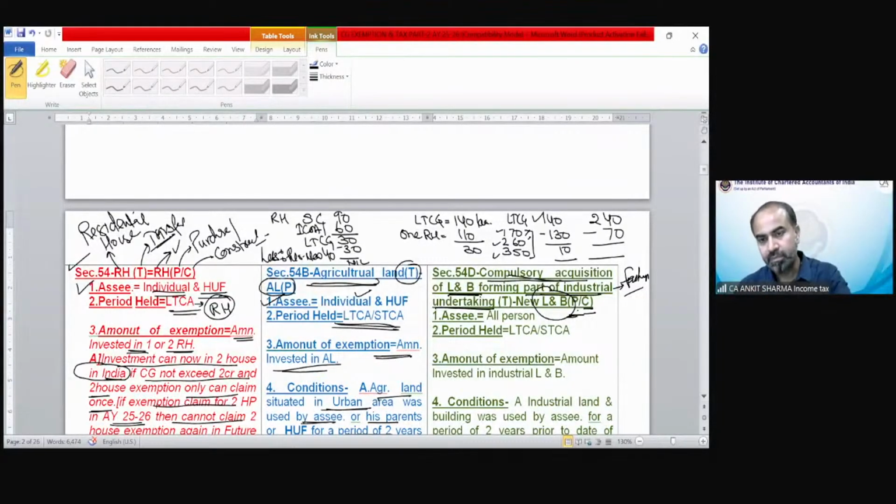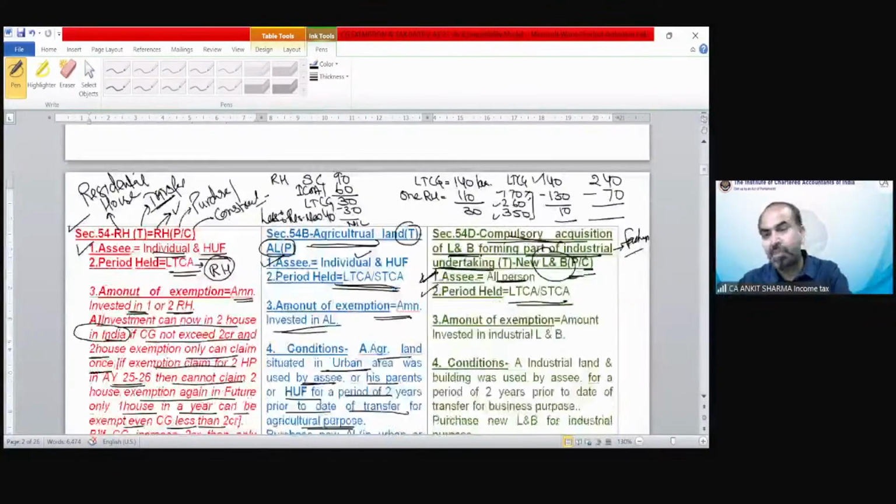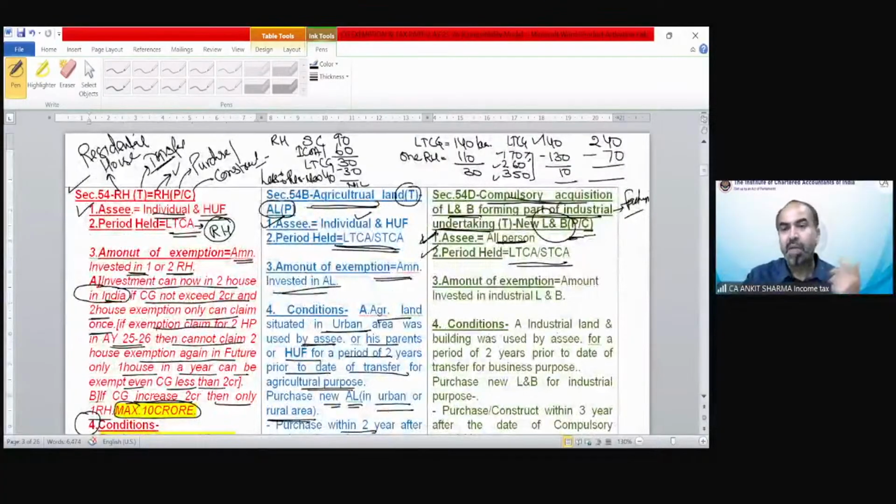Okay. Because it is a relaxation provision, assessee would be all persons because government acquired your business. So relaxation provisions are there. Assessee all, time period all, whether it's long term, short term, does not matter, you will get the benefit. The amount invested in industrial land and building, you can get the exemption for the amount you utilize for the purchase of new land and building for factory purpose.